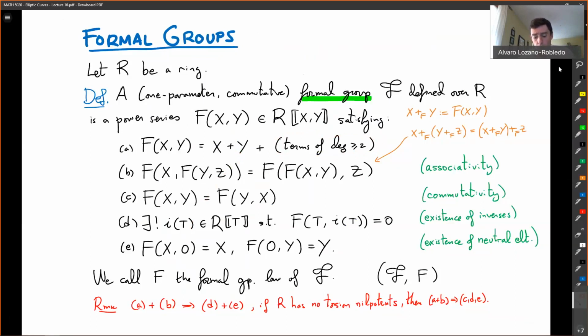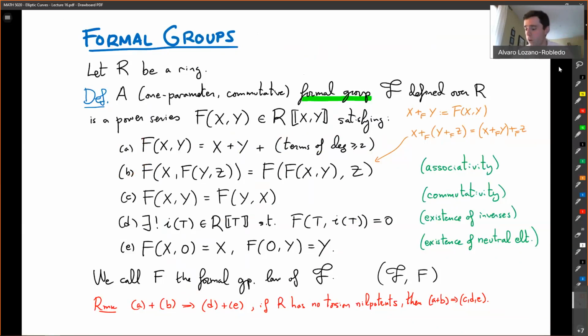Okay, so we call F the formal group law, and as I said at the end of the class, it turns out there is a lot of redundancy in these conditions, and parts A and B are actually the core of the definition. You can show that A and B imply D plus E in this formal setting, and in fact, if R has no torsion nilpotent elements, then A plus B implies the other conditions.